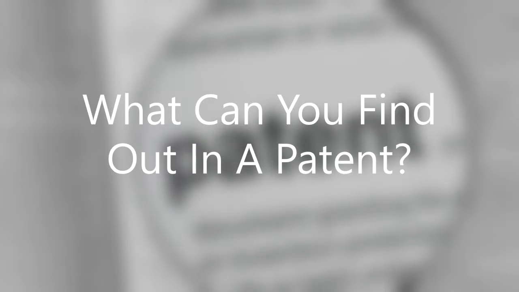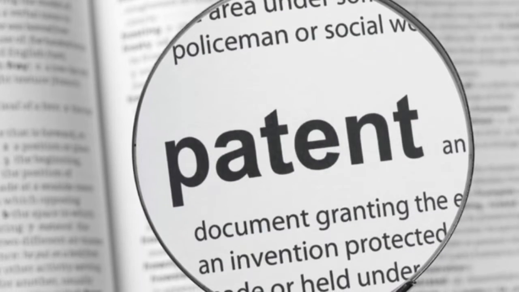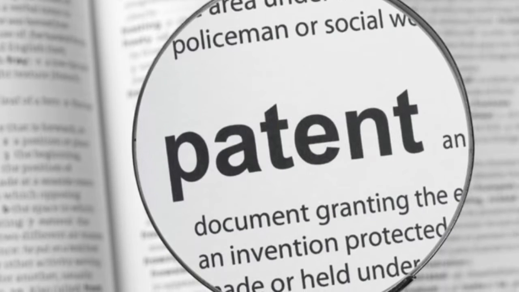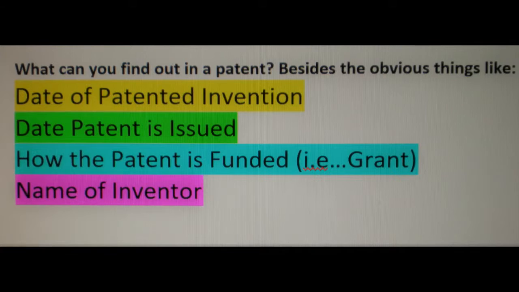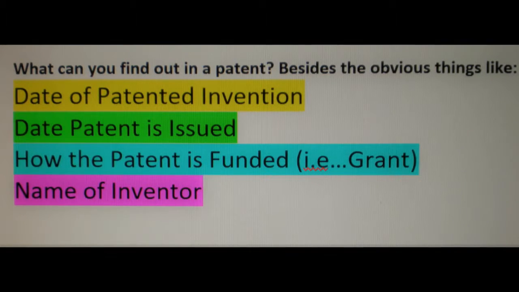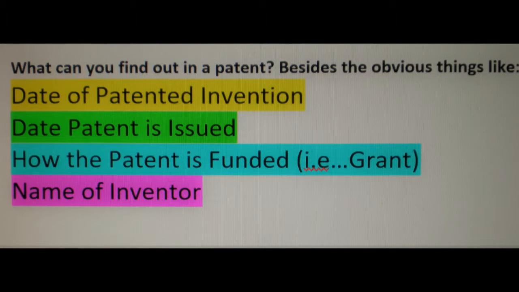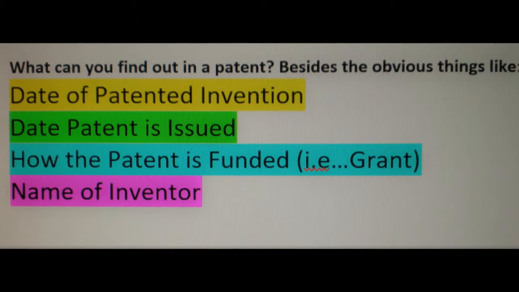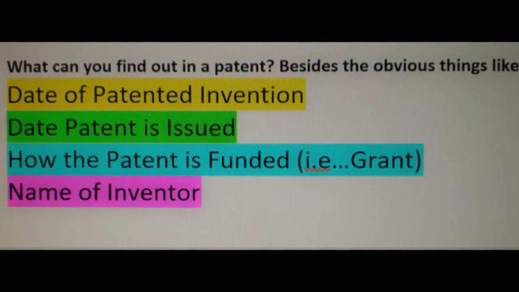What can you find out in a patent? What can you find out in a patent besides the obvious things like date of patented invention, date patent is issued, how the patent is funded, like a grant, and name of inventor?